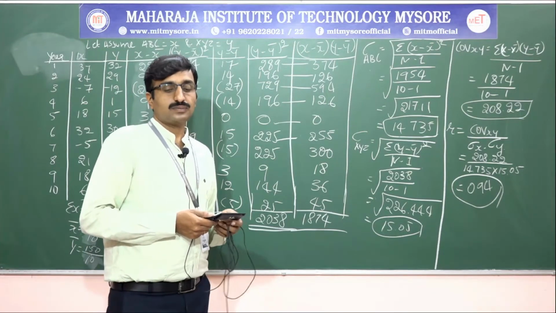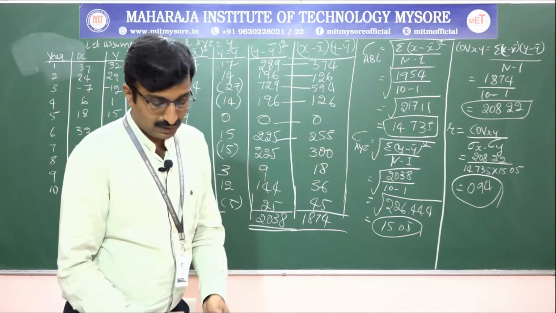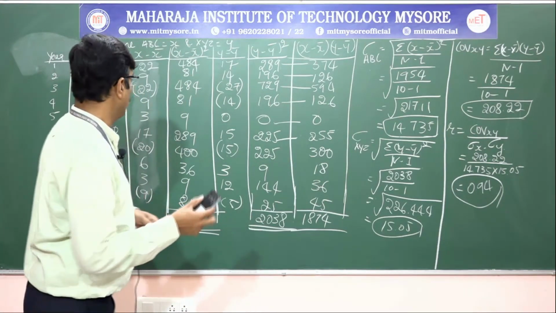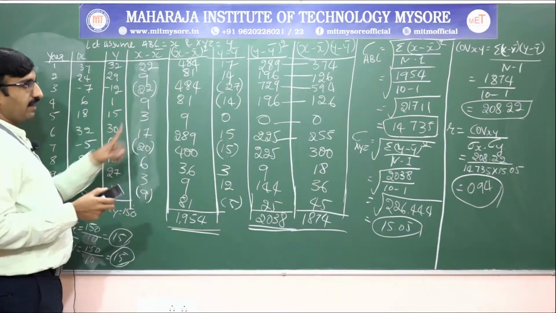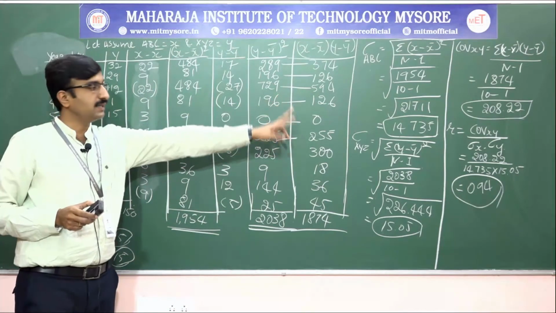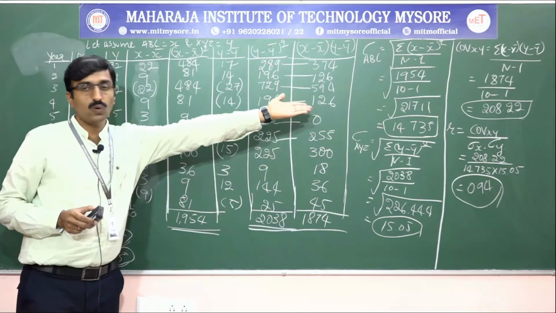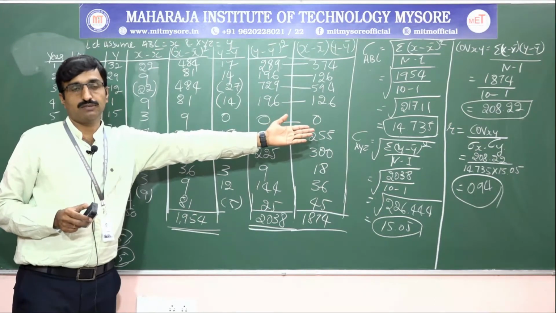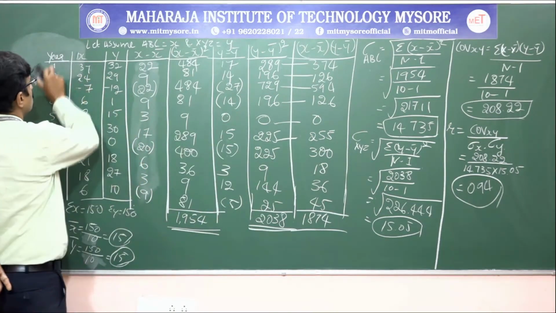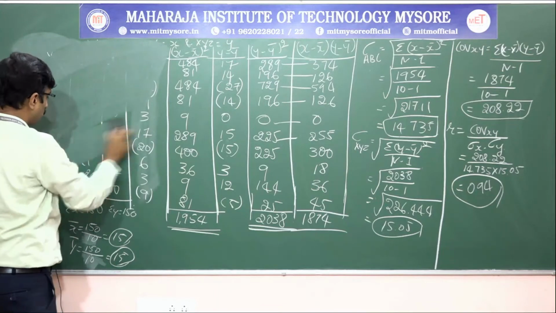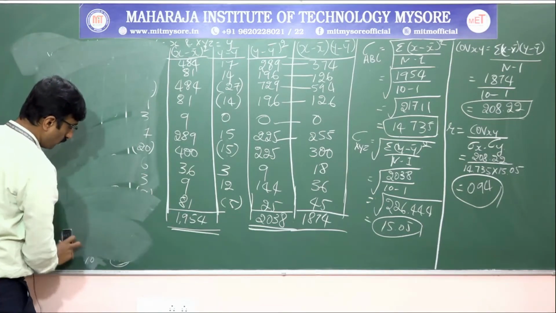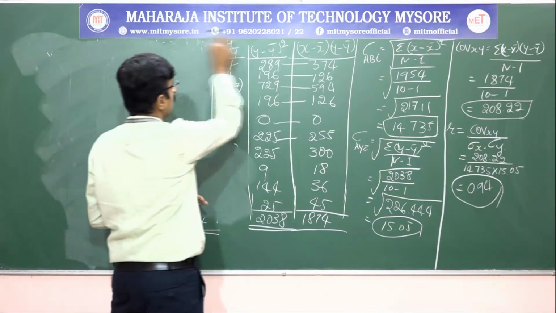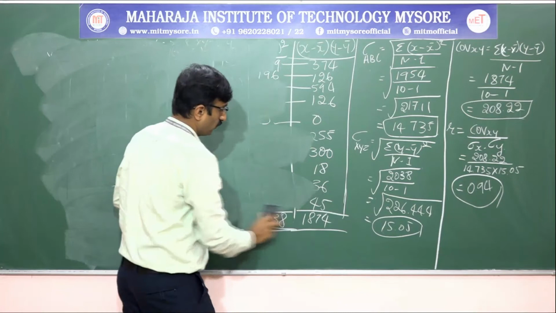Got it? Next, moving on to calculation of return on portfolio and risk on portfolio. After calculating the individual standard deviations for ABC and XYZ, we have found the covariance of XY and the value of R, the correlation coefficient. After this you are supposed to find the return on portfolio and risk on portfolio.